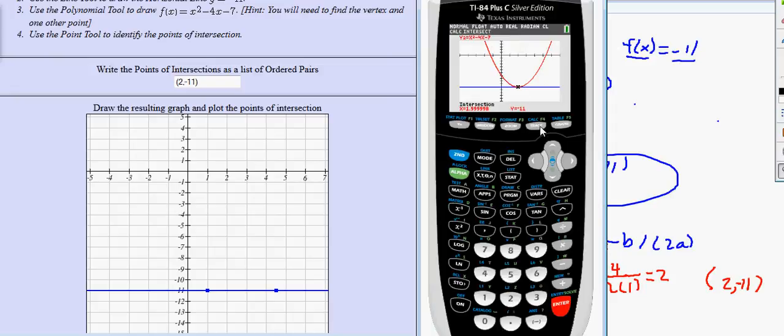If I press trace and type in 2, you can see that it does give me the vertex. If I wanted to pick another point, I tend to like to go farthest to the right as possible. Let's try plugging in 6. If you press trace on the graphing calculator and you see an ordered pair here for x and y, you can just type in 6, enter, and that's a fast way. I'm on the wrong curve.